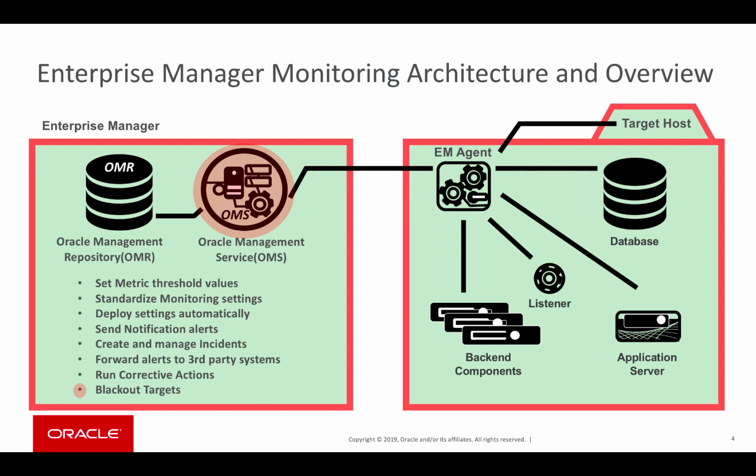And lastly, if your IT assets are in planned downtime and you do not want to have notifications sent in such an event, you can configure to apply a blackout to those targets to suppress the alerts during the maintenance time. So that was a very high-level Enterprise Manager monitoring overview. Now let's take a closer look at each of these topics in the next few slides.